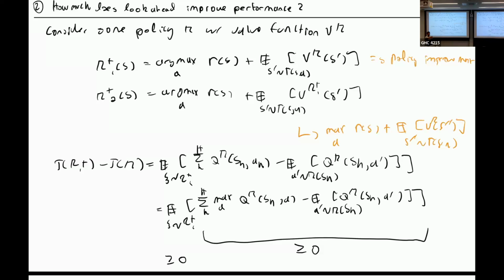Like my horizon inside the MPC thing, k, is equal to 1. That's what this is. So all MPC is really, if you have a really good world model, really good terminal value function estimate, it's just like multiple steps of policy improvement. Any questions about this?